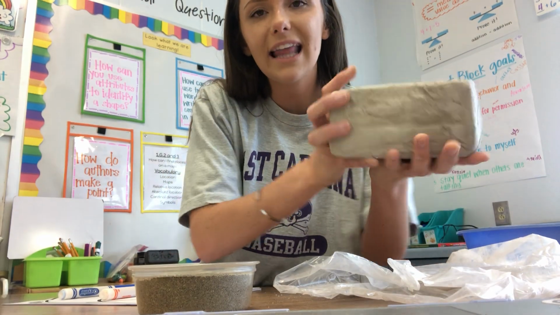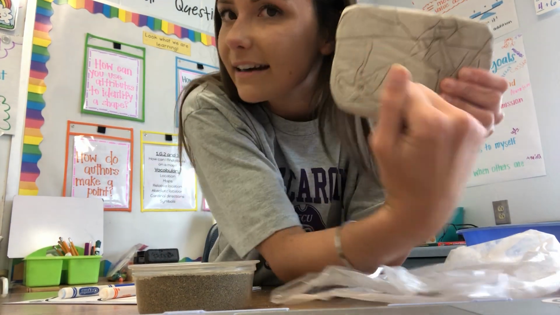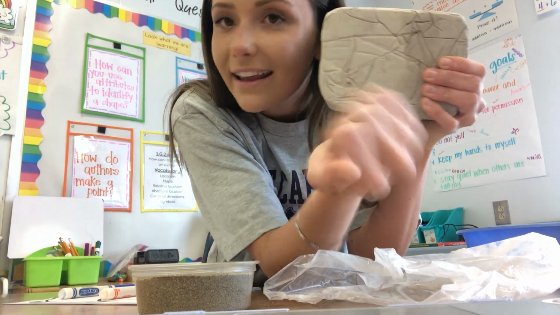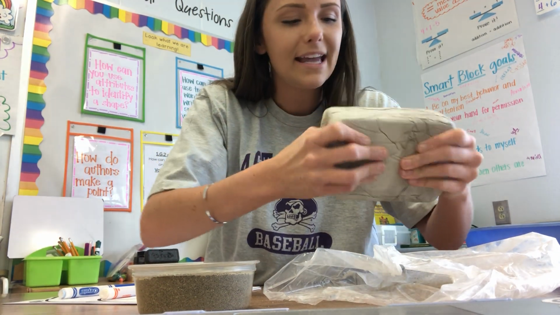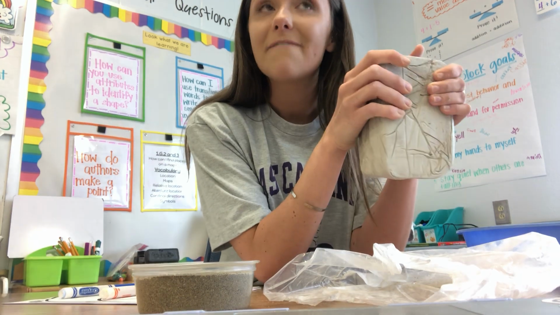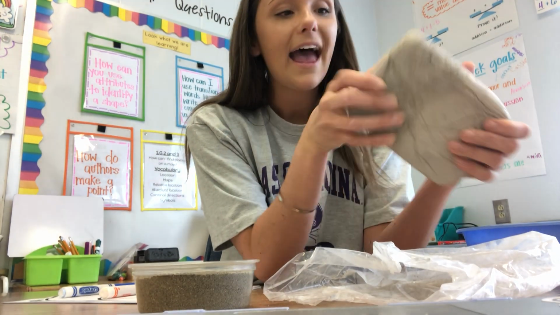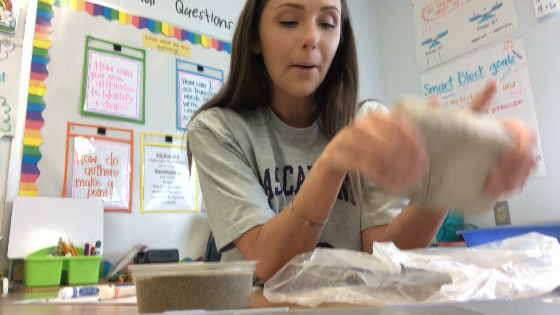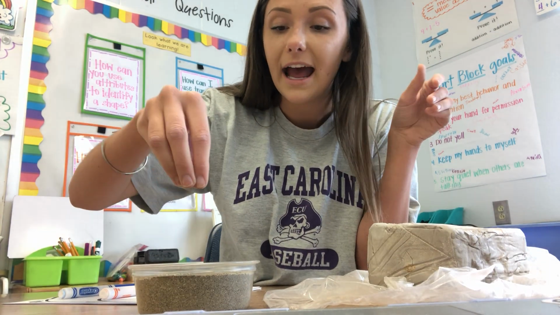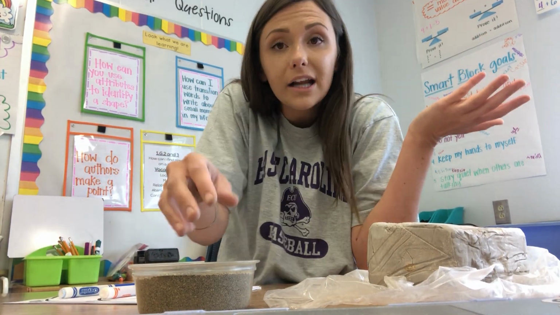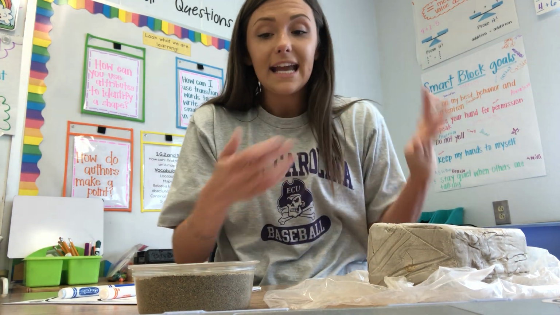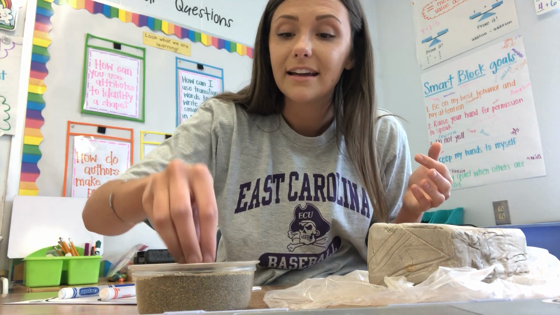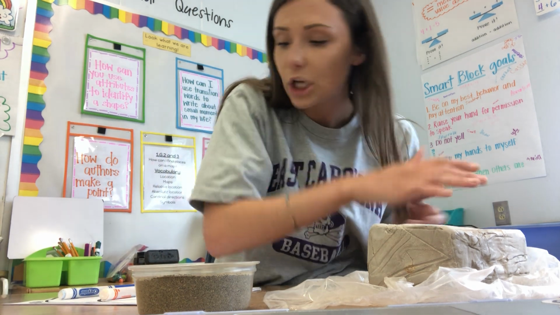So let's take a look at our different types of soil. Here we have clay. We see that clay is very hard. Listen. Sounds like I'm knocking on a door, right? It's very hard. I can't break it. Now, if I were to wet this clay, it would become softer, but never as soft as sand. So I already see some differences. Sand and clay are different because sand is soft and clay is hard.